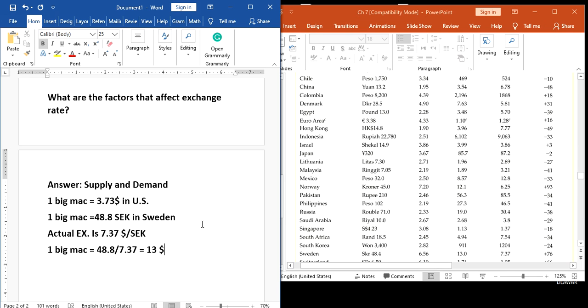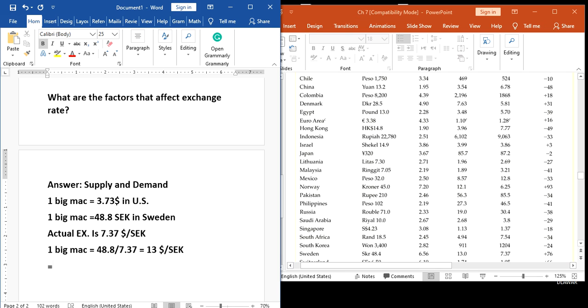Okay, $13. Or let's say the exchange rate should be $13 per SEK, Swedish kroner, according to the Big Mac. And this is the purchasing power parity actually.